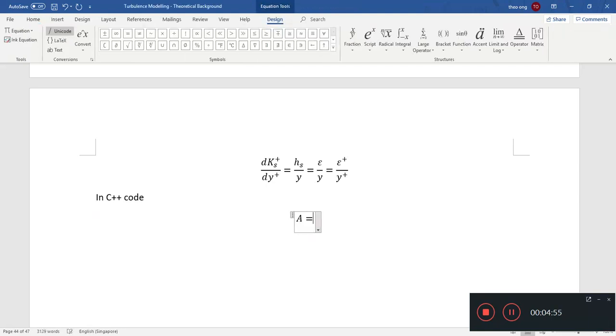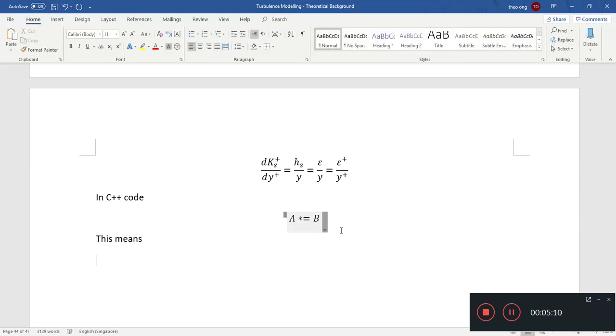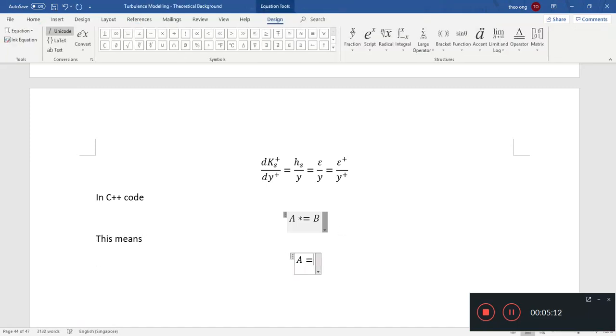Let's say a times equals b. When we write this, it means a equals a times b, that is, the new value of a is defined as the old value of a times b.